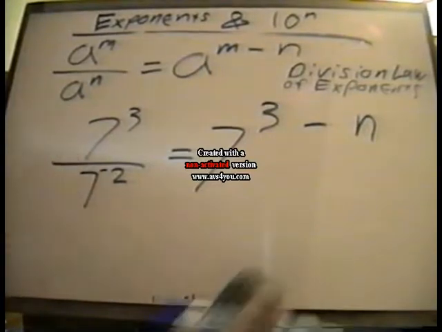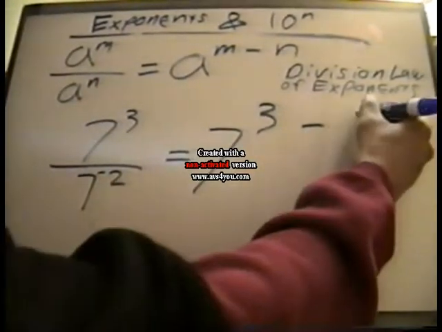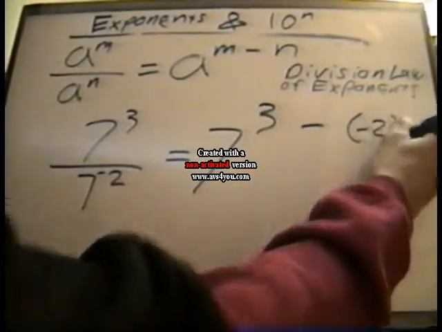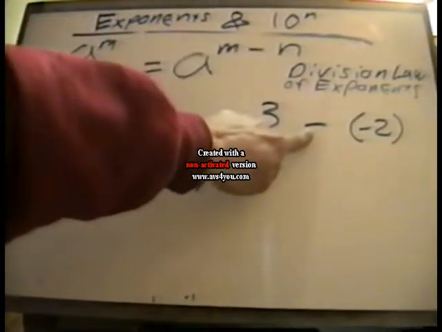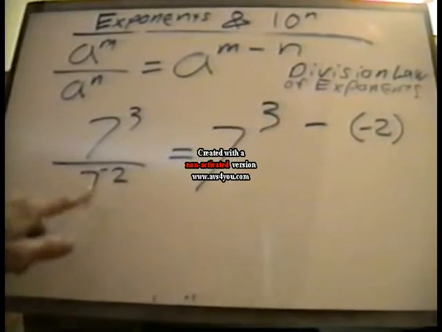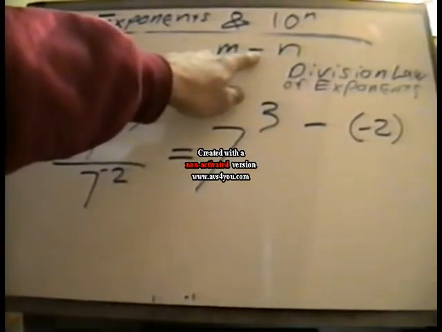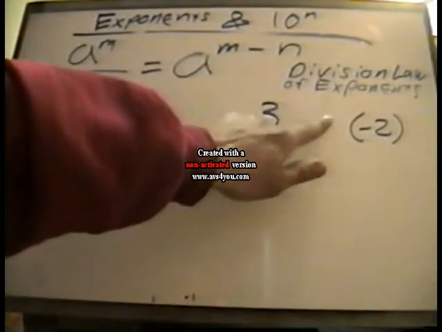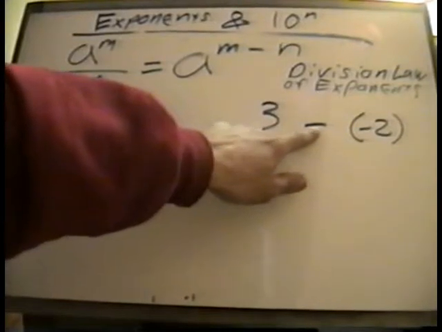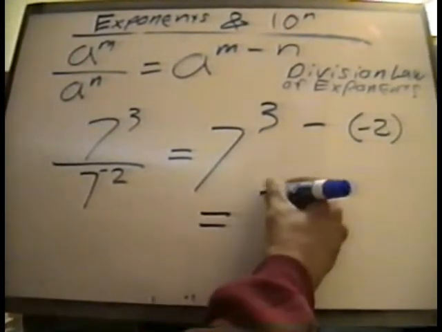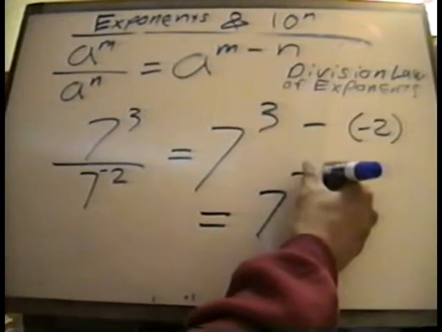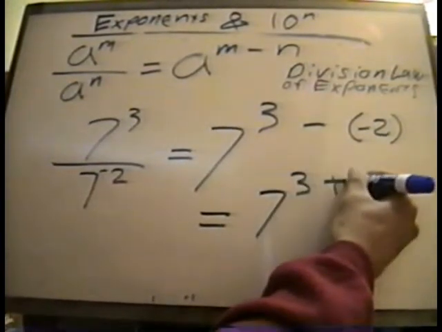Notice how our form is, we still subtract whatever n is from m. Even if n is a negative, you're going to subtract the negative number. You have to keep the form the same. So here, you get 7 to the power of 3 plus 2, or 7 to the power of 5.